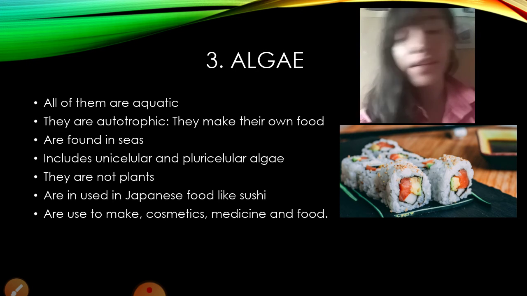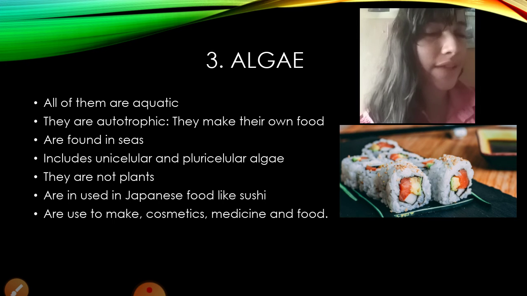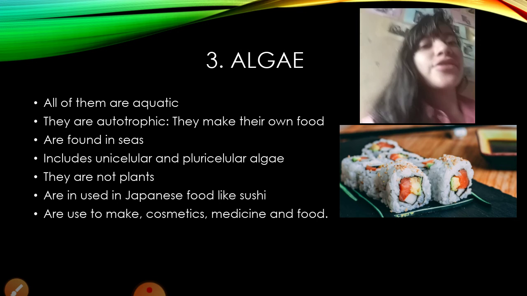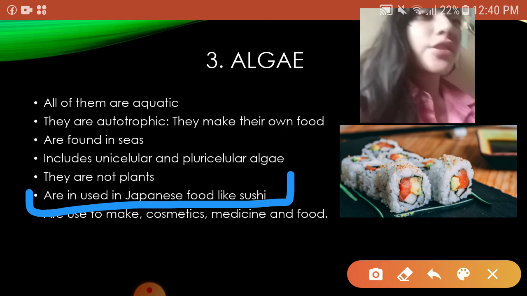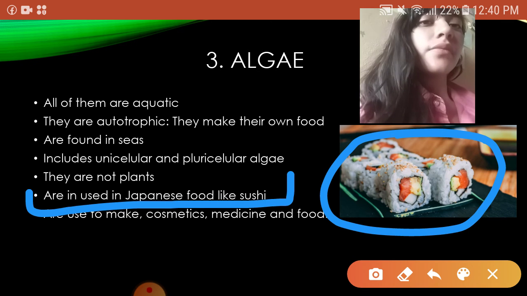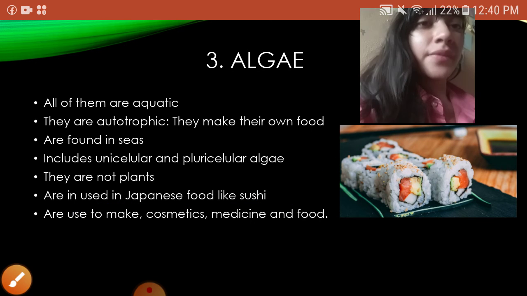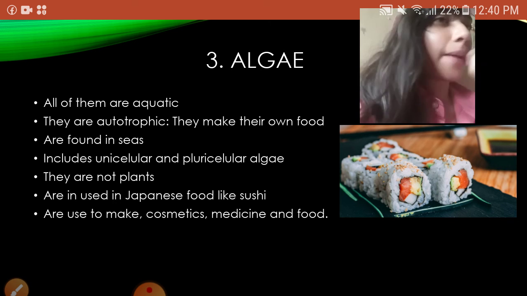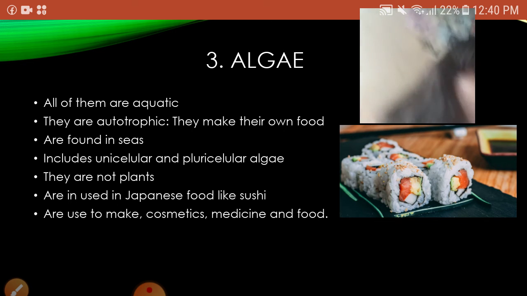Another characteristic: they are not plants. They are similar to plants, but they are not plants. And an interesting fact is that they are used in Japanese food like sushi. We can see a picture of sushi here. And the last one: algae are used to make cosmetics, for example makeup, to make medicines, and to make food like sushi.